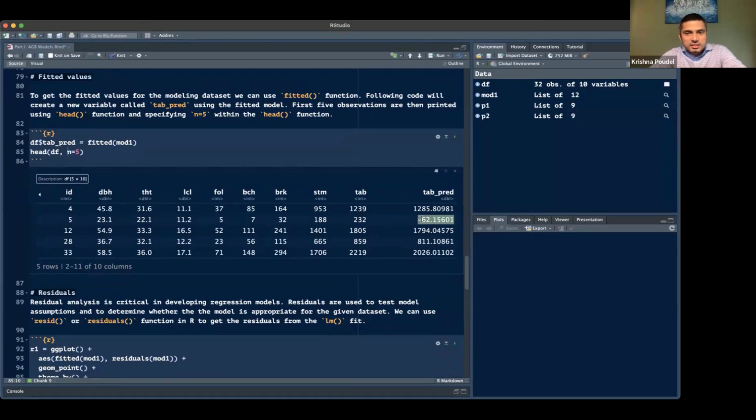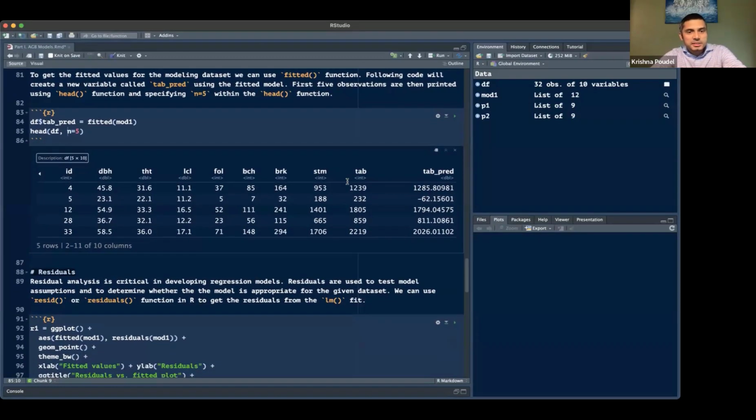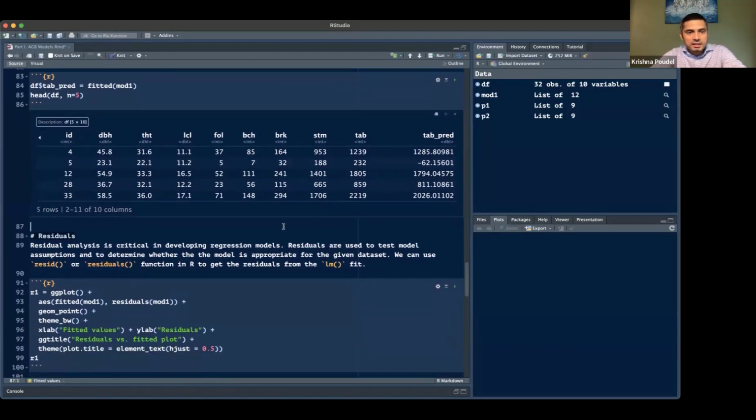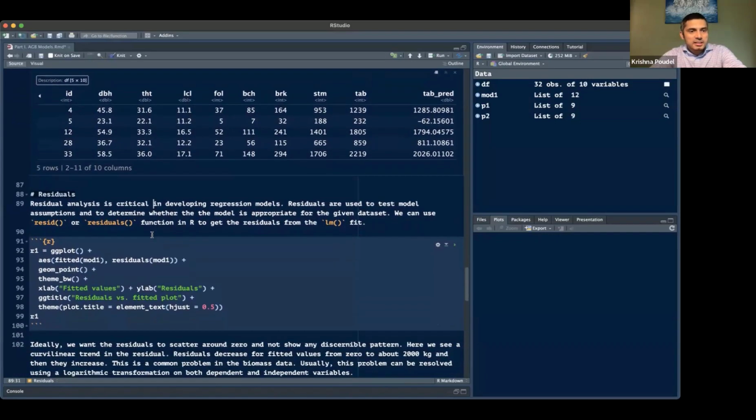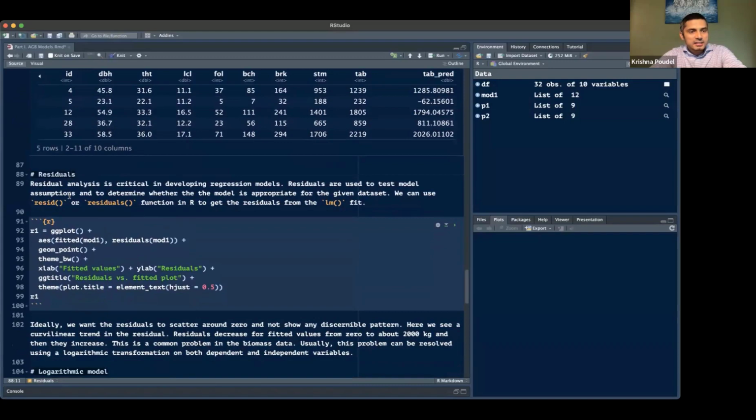Of course, even if a tree deviates in height, we should not get negative biomass. So maybe there is some problem with this model, right? We will get into that, but now let's look at the residuals.